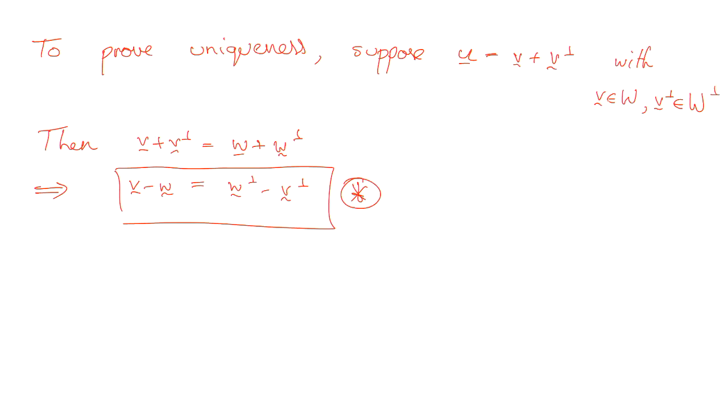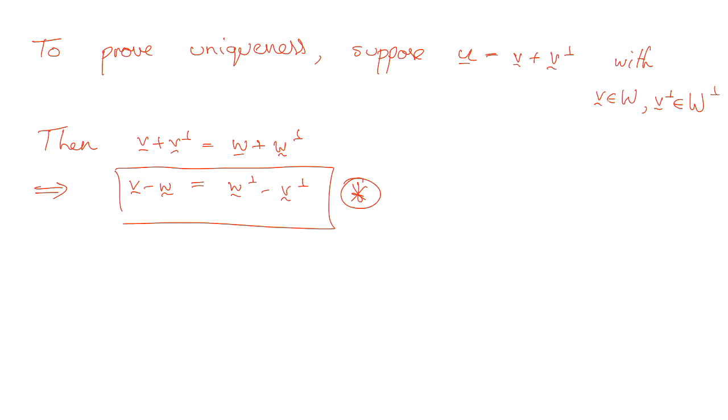Now, why is that equation really interesting? Because it involves the equality between a vector from one space and another from its complement. But only the zero vector is the intersection between the two vector spaces.